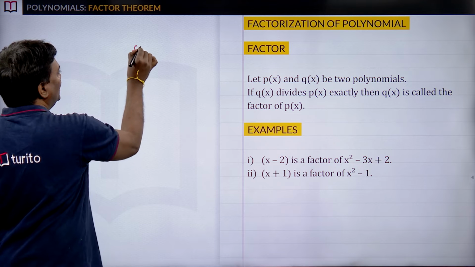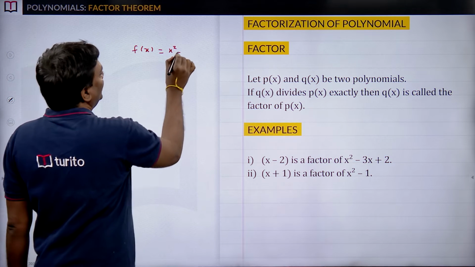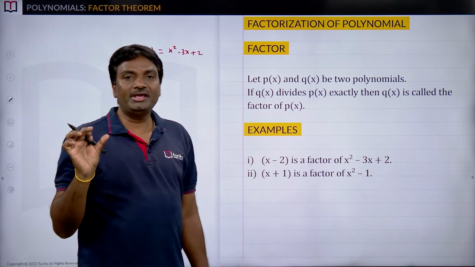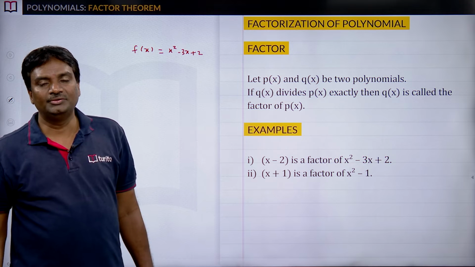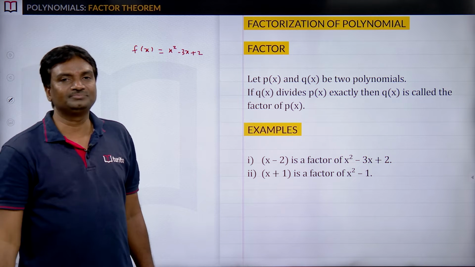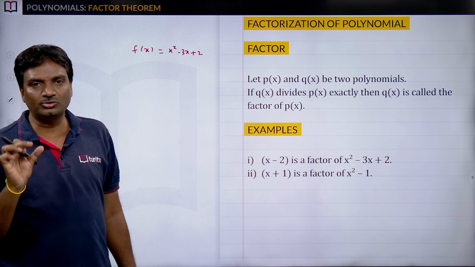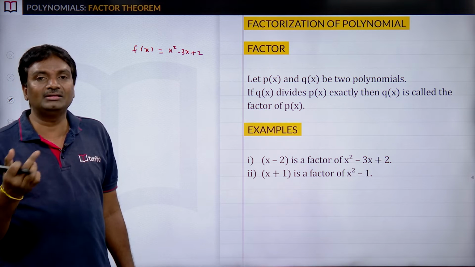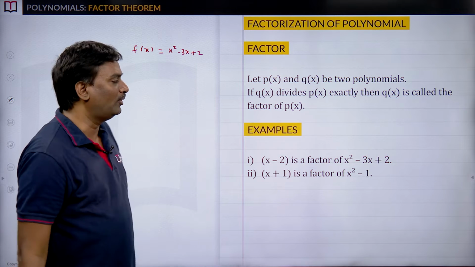So, suppose the polynomial is f of x equal to x square minus 3x plus 2. Here we have to check whether the remainder is 0 or not. You do not need to apply the general method of the division of polynomial. So, just we have to check whether the remainder is 0 or not when the first polynomial is dividing by the second polynomial.